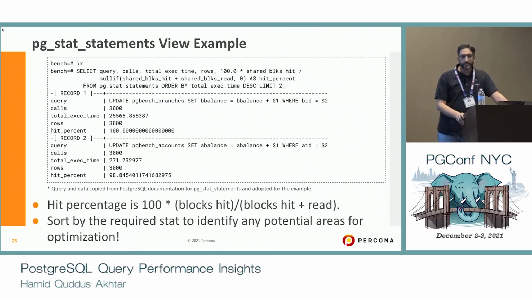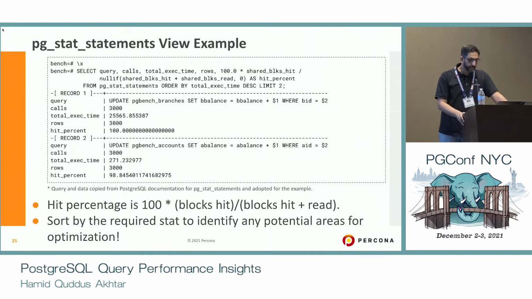So here's one use case, and this is taken from the documentation of pgstat statements, where for a particular query, you can just select a couple of columns with calls and total execution times, rows being returned, and hit ratio. Hit ratio in the documentation and here is being defined as how many times you're getting that page or data from cache rather than accessing it from disk.